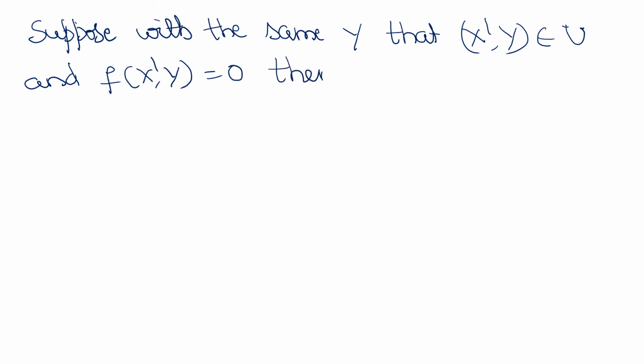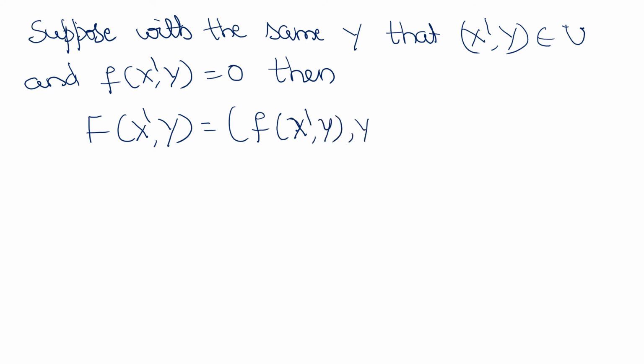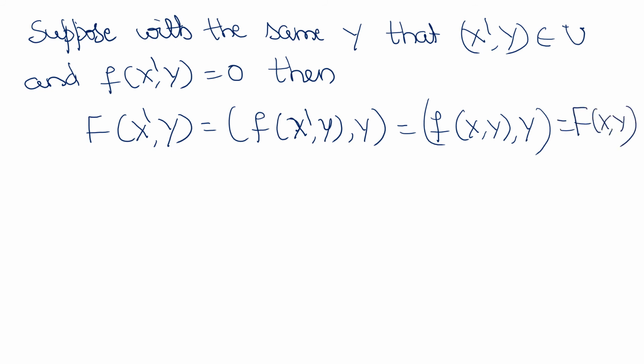Then f(x', y) is equal to, how did you define this? This is f(x', y), which is nothing but f(x, y), and this is nothing but the definition of f(x, y).